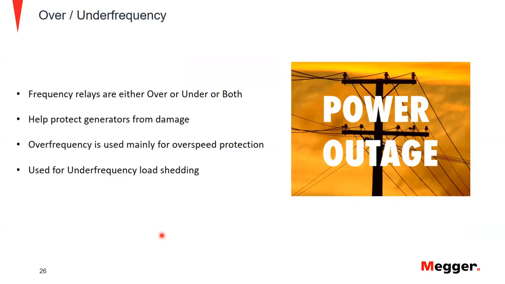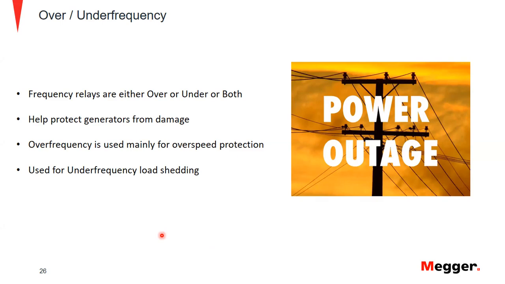Okay, so frequency is a reliable indicator of an overload condition. So the frequency relays are either over or under, or they can be both. So a relay can have both settings. What they also help protect, they protect the generators from damage. They're protecting for the system. We want to make sure that everybody still has power, can still do things.